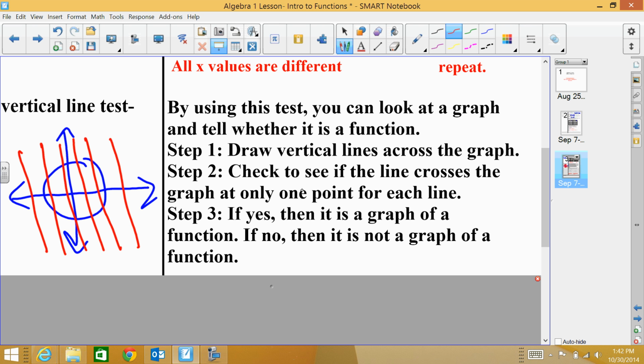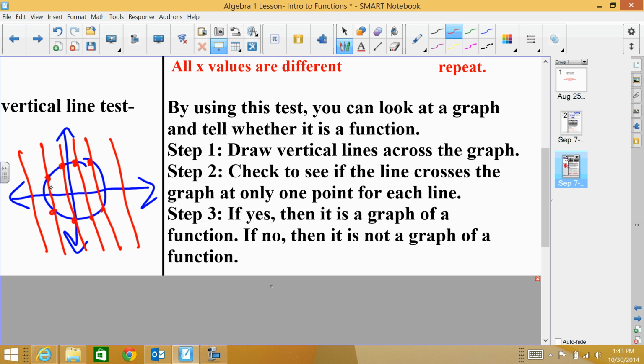And then for step 2, I check to see if the line crosses the graph at only one point for each vertical line that I drew. So this vertical line didn't touch any points. This vertical line touched 2 points. This one touched 2 points. This one touched 2 points. This one touched 2 points. And this one didn't touch any.